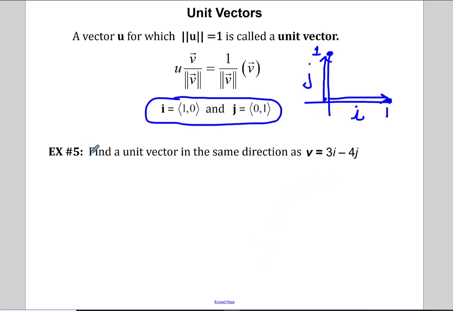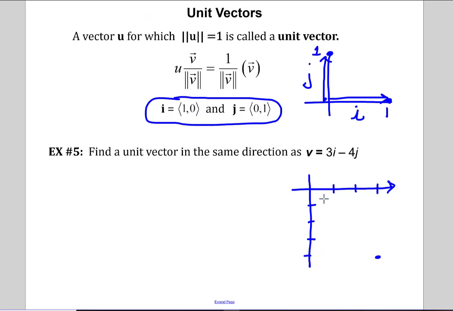So we want to find a unit vector in the same direction as <3, -4>. If you think about the look of that vector, we're coming 3 units to the right and 4 units down.